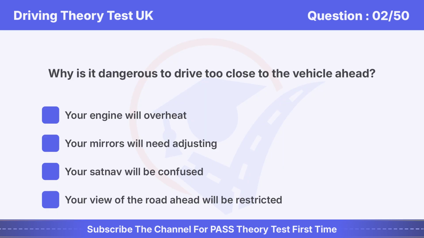Question 2. Why is it dangerous to drive too close to the vehicle ahead? Answer is D. Your view of the road ahead will be restricted.